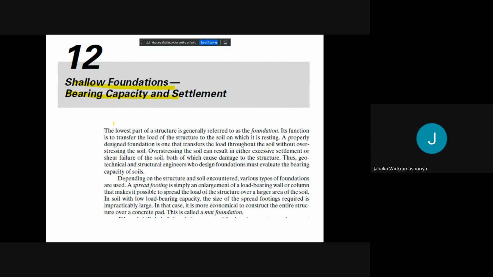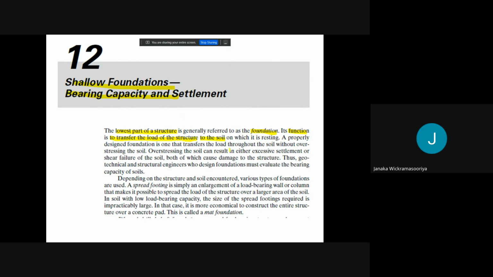The lowest part of a structure is generally referred to as the foundation. The function of a foundation is to transfer the load of the structure to the soil.